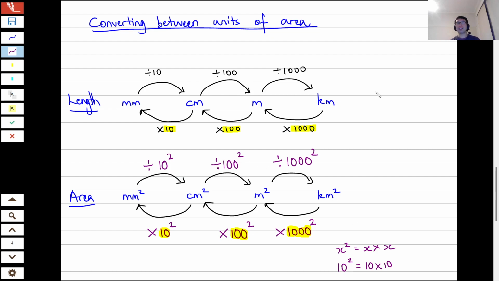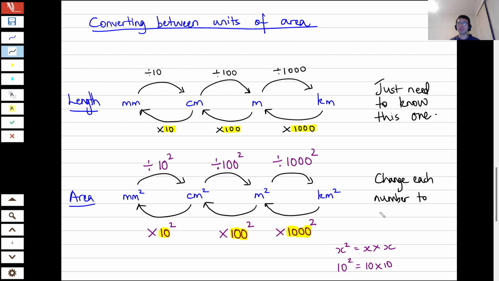And because these two charts are so similar, you actually just need to learn this one. Because if you know this one, you can easily write down the one for area, as long as you change each number to the number squared.